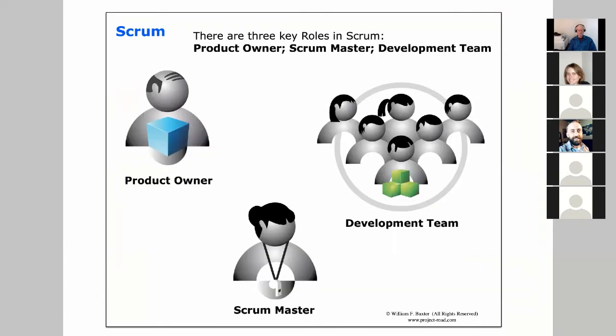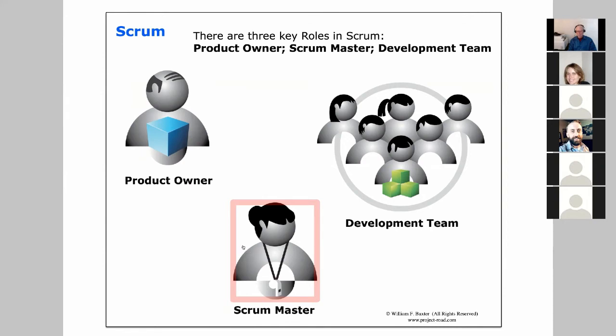So we have these different roles: the product owner, the Scrum Master, and the development team. So the product owner is responsible for providing the voice of the customer. It's analogous to a very senior level business analyst in the Agile world. And the Scrum Master is kind of like a project coordinator, you'd say.